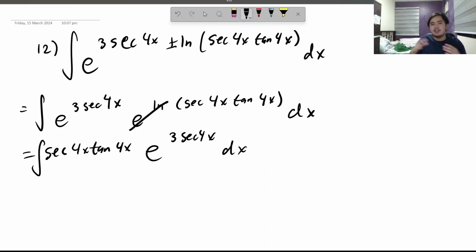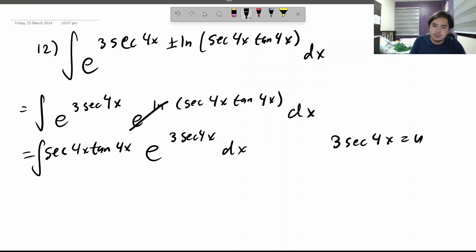Secant tangent, I smell an integral coming. So, what we can do here is to put 3 secant 4x equal to u.